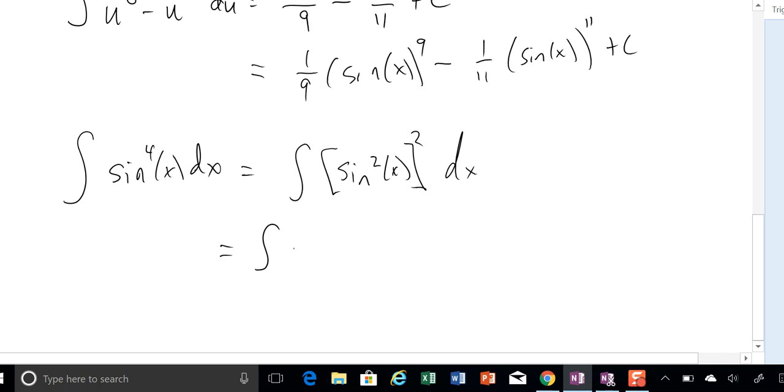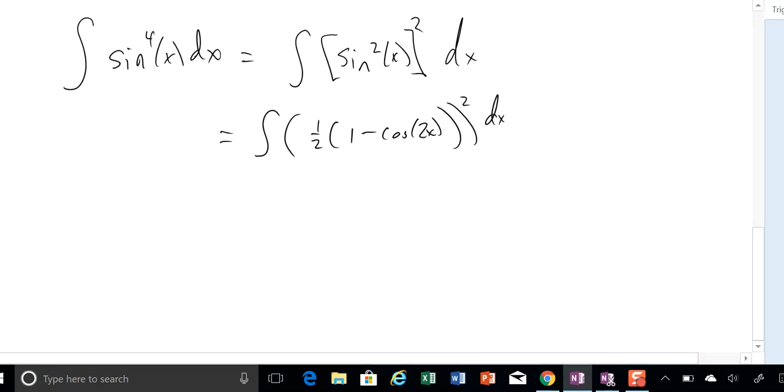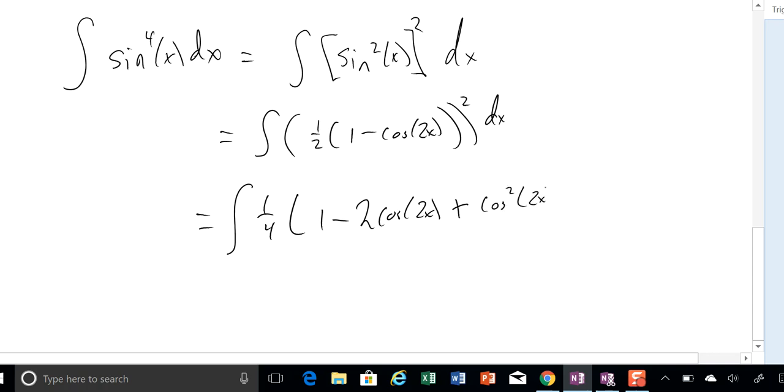Then I can replace that with 1/2 times 1 minus cosine of 2x, but that whole quantity is being squared. And so my integral becomes 1/4 times 1 minus, foiling out this 1 minus cosine of 2x, 1 minus 2 cosine of 2x plus cosine squared of 2x dx.